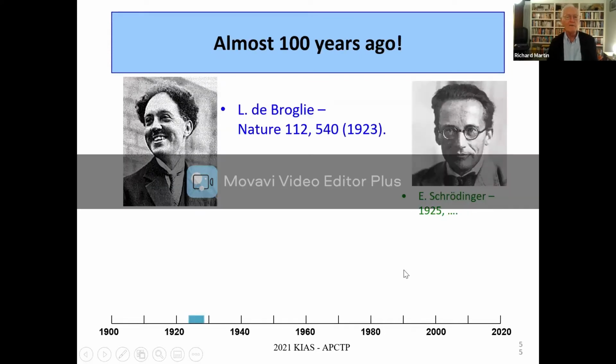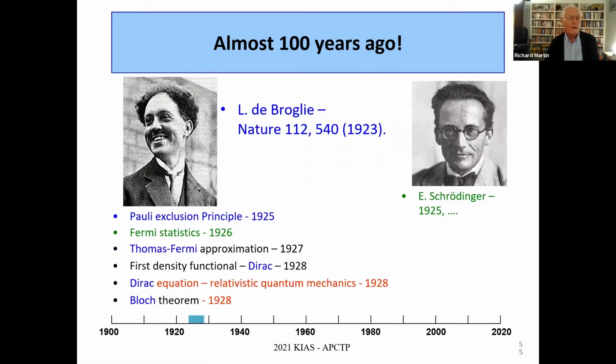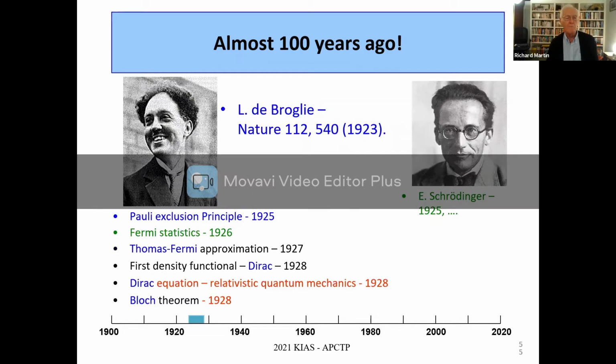So a bit of history. It's almost 100 years ago now that the first ideas of quantum mechanics was from Louis de Broglie, and within 2 years, there was the Schrödinger equation, Pauli exclusion principle, Fermi statistics. Very quickly, the Thomas-Fermi approximation, and the first density functional by Dirac in 1928.